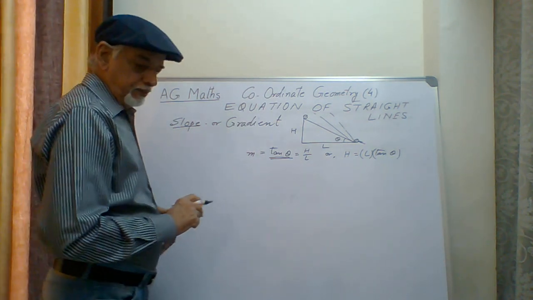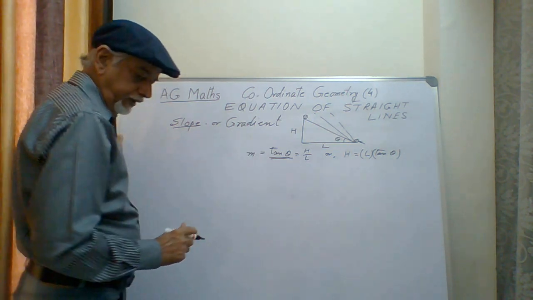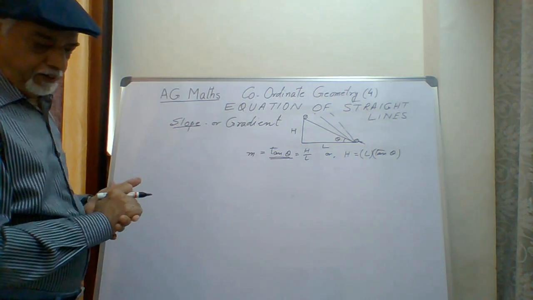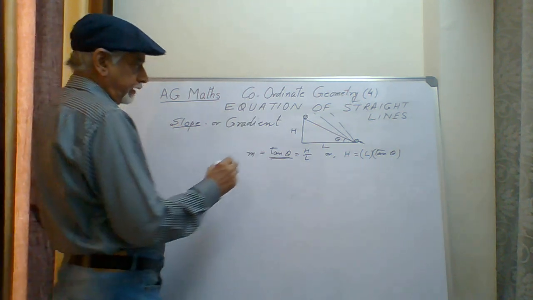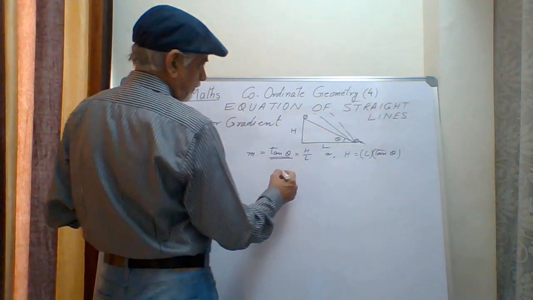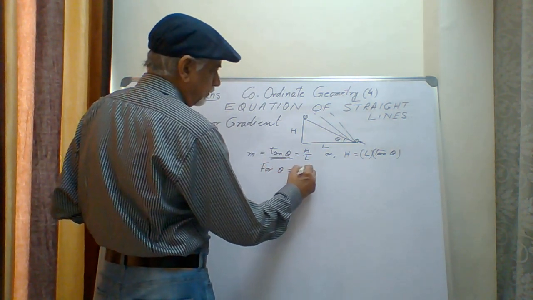Right? Now, we will tell you the equation of a line. How to find the equation of a line. Now, one more thing I will tell you, tan theta for theta equal to 0 degree.